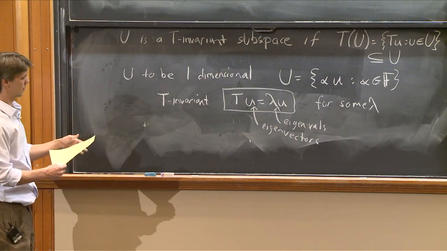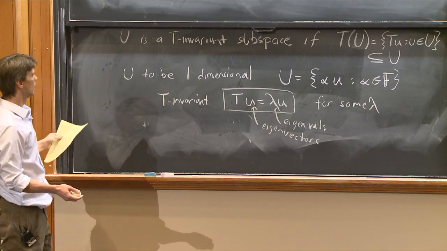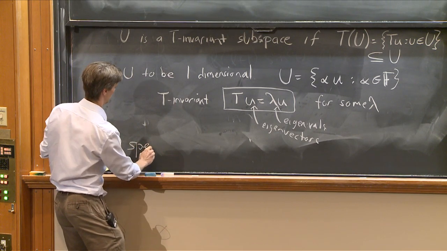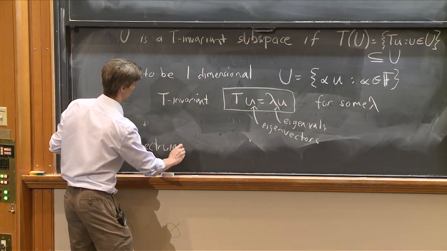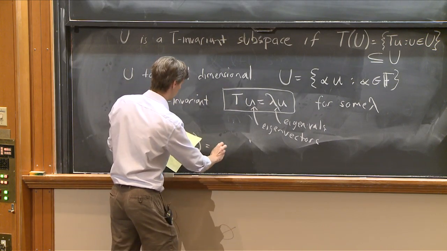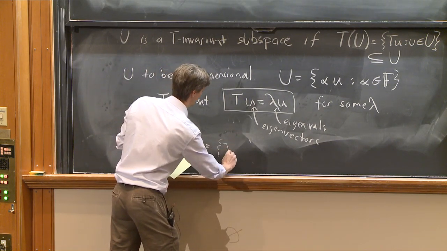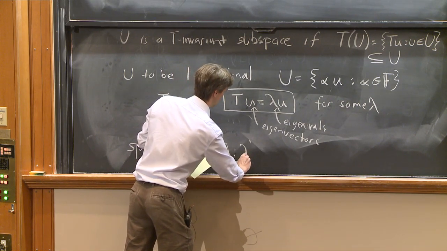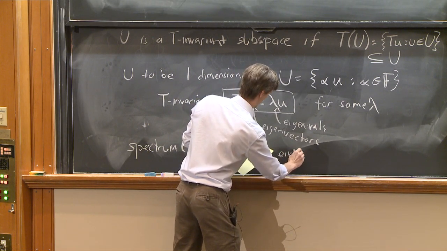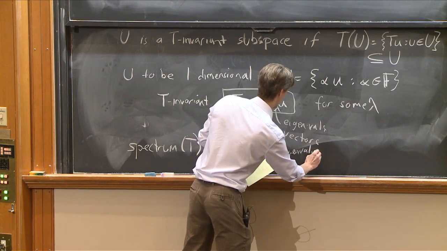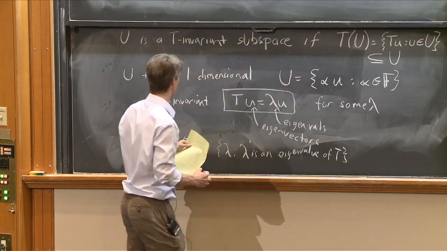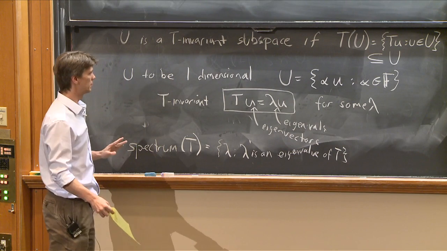One thing that we just defined at the end is the spectrum of an operator. The spectrum of T is equal to all eigenvalues of that operator. Later on this object will become important.